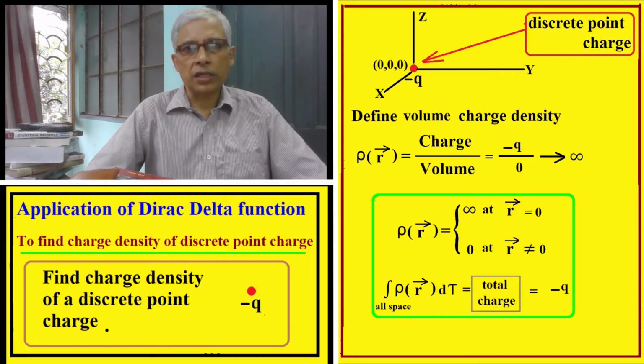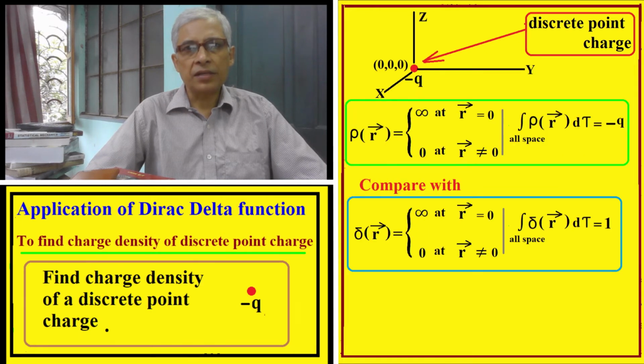Also, the total charge is minus q, and let us write it mathematically. The integration over all space of rho d tau has to be the total charge, and it is minus q. Here d tau represents an infinitesimal volume element, rho being the volume charge density.